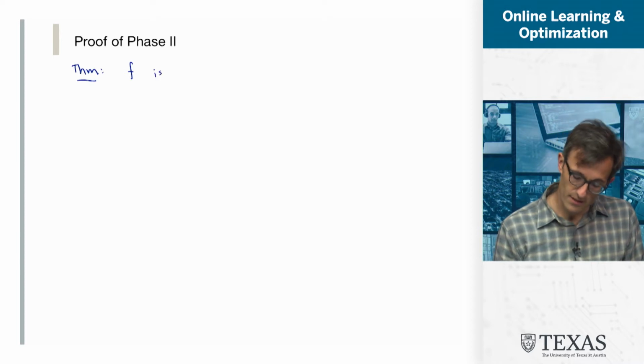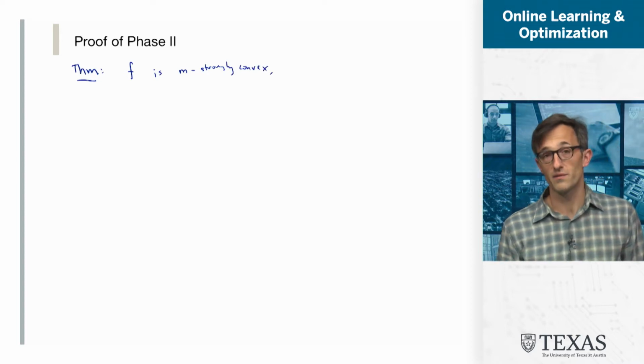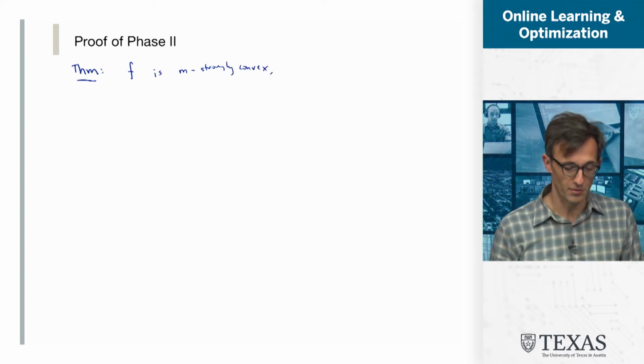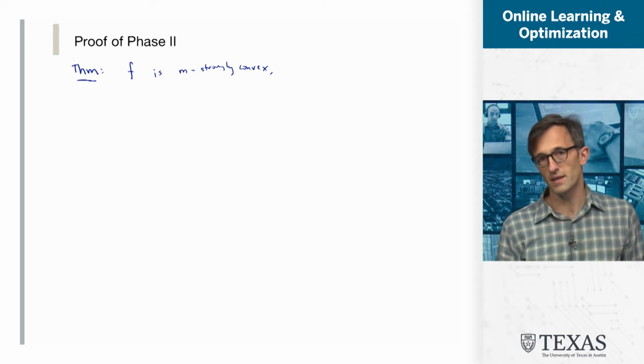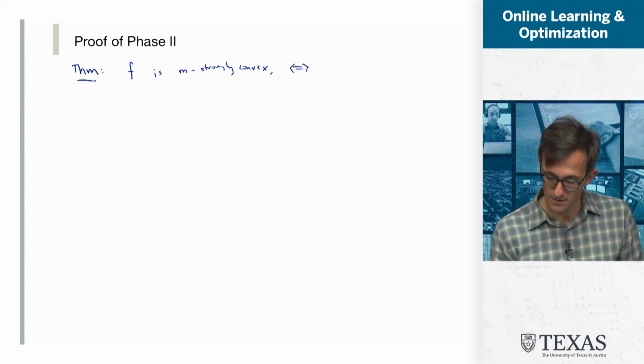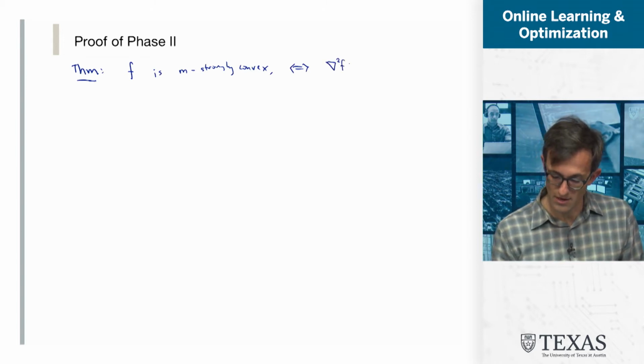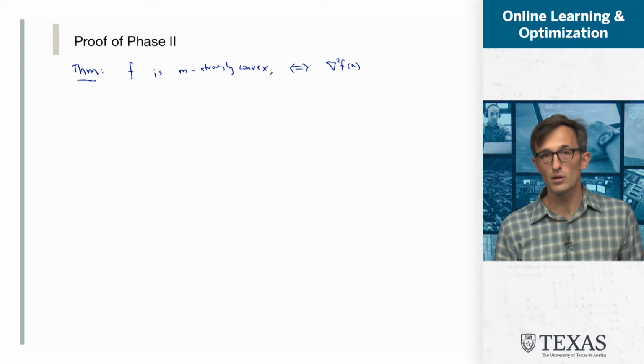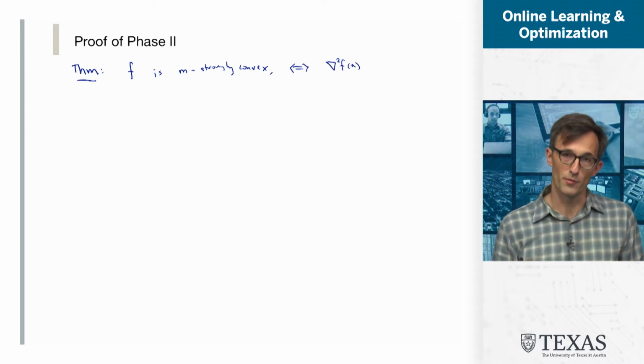It is little m strongly convex. It is, of course, twice differentiable, so that the Hessian can be computed. And note that strong convexity plus existence of a Hessian is equivalent to saying that the Hessian of f has the smallest eigenvalue that is always greater than or equal to m over 2.